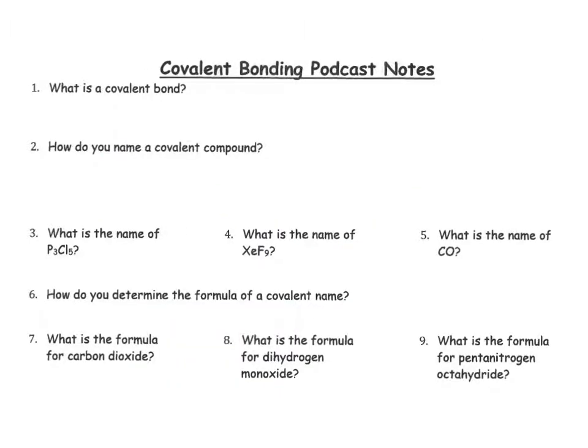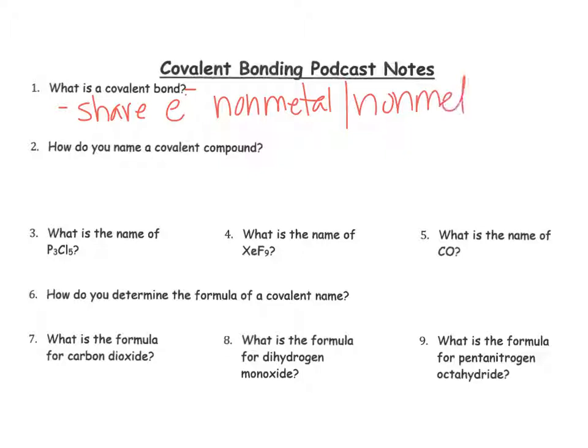So a covalent bond is the sharing of electrons, usually between two non-metal elements. So when a non-metal and a non-metal are bonded together, they are a covalent bond. And remember, we talked about the staircase.